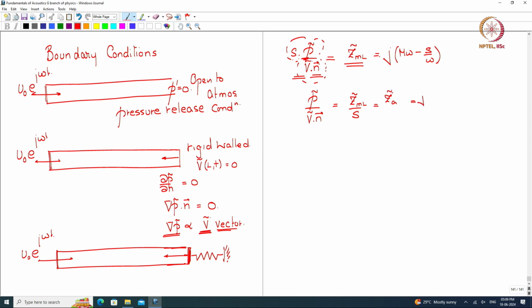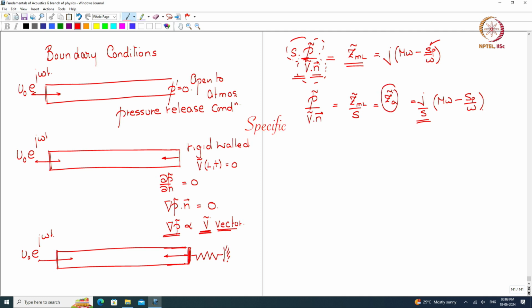So this will be j over S, S is doubling up, okay. So this S is a spring, let me call it SP, and this is the cross section area. So m omega minus SP by omega, okay.